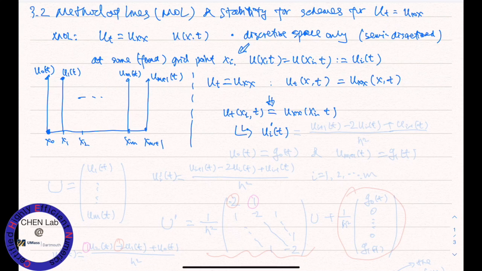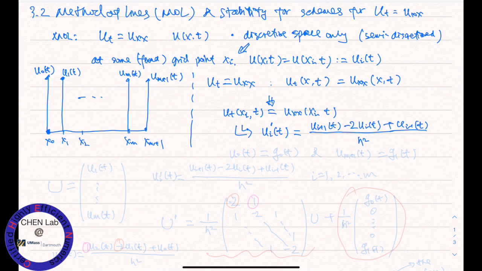What's left is u_xx at x_i, which we approximate, as we know, by u at x_{i+1} minus 2u at x_i plus u at x_{i-1}. With our new notation, that is u_{i+1}(t) minus 2u_i(t) plus u_{i-1}(t), divided by h squared.